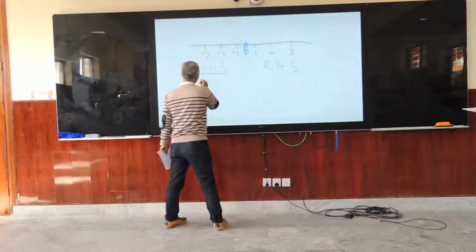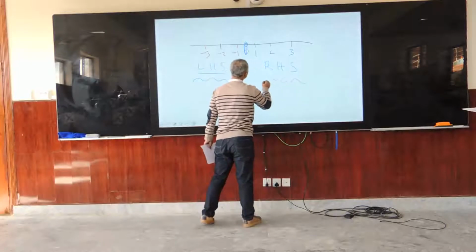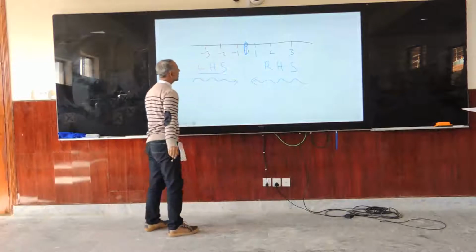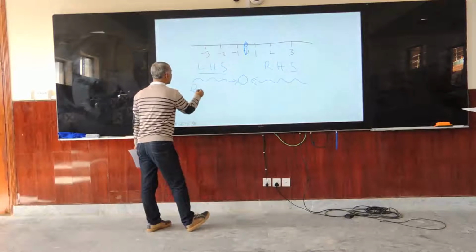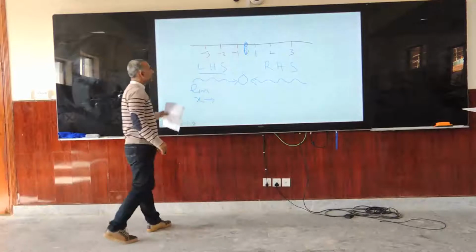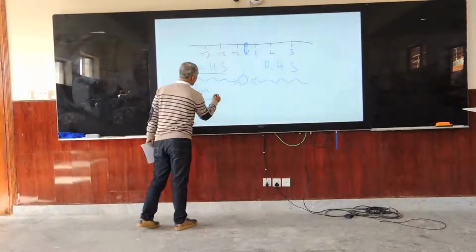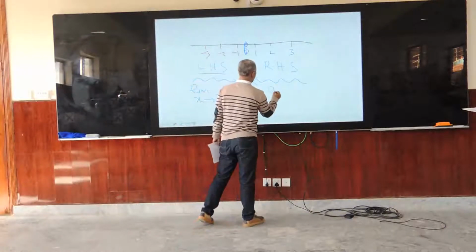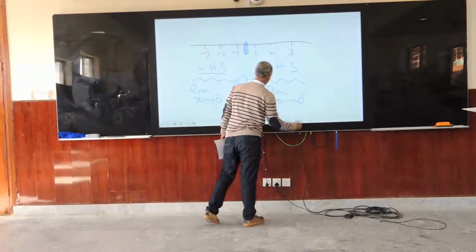You may be standing here, and of course you need to move toward the center. So the concept of limit looks like this: when x is on the left hand side of the real line, it is approaching 0 from the negative side. The other way, x is approaching 0 from the positive side.